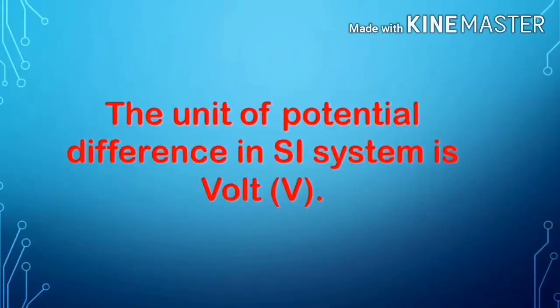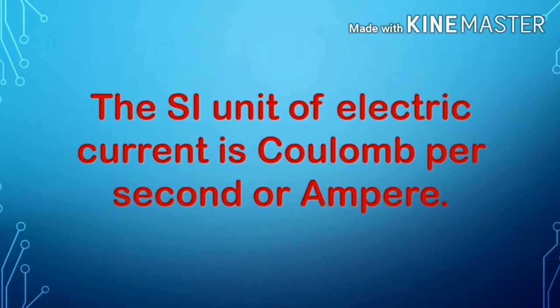Now students, let's talk about the SI units of potential difference. The unit of potential difference in the SI system is the volt. Volt is denoted by capital V. And look at the next slide: the SI unit of electric current is coulomb per second, or ampere.